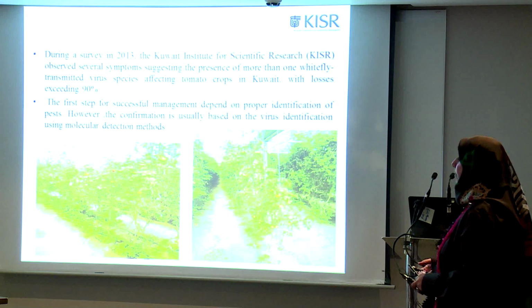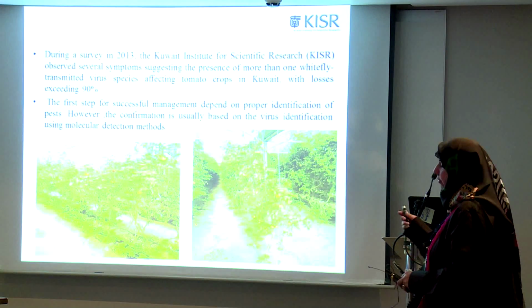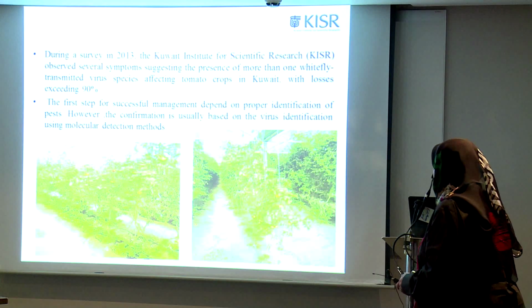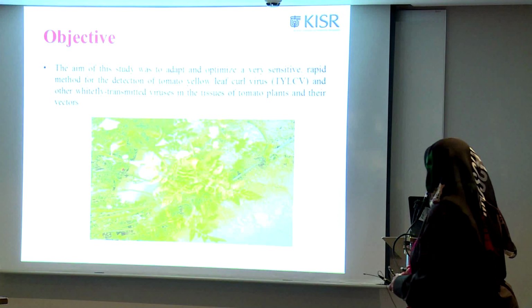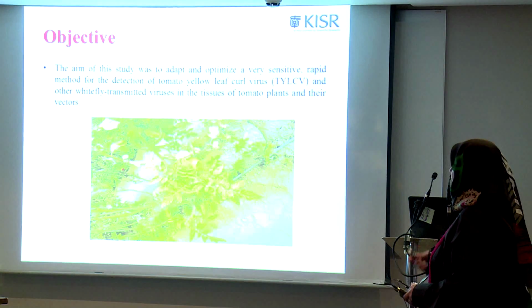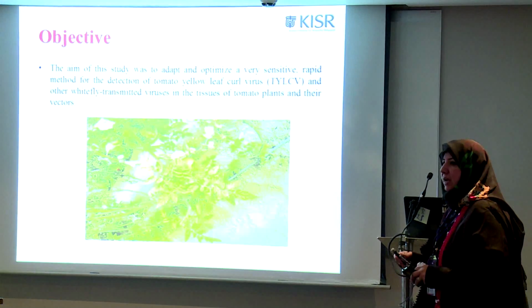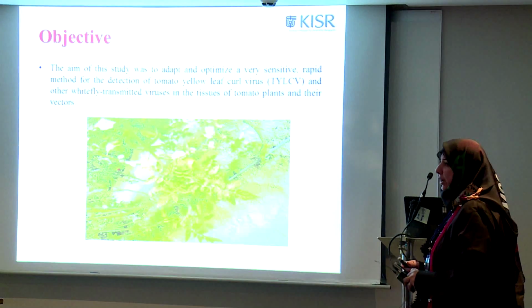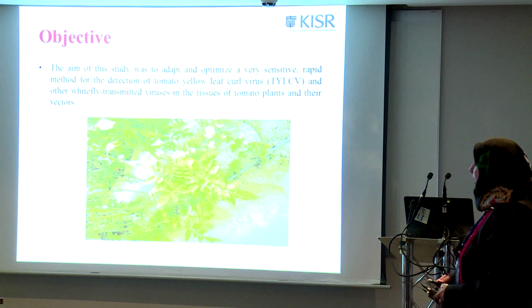The first step of successful management of controlling this virus is to identify the problem. The main objective of this project was to adapt and optimize a rapid and clear characterization molecular test, which will depend on the PCR.